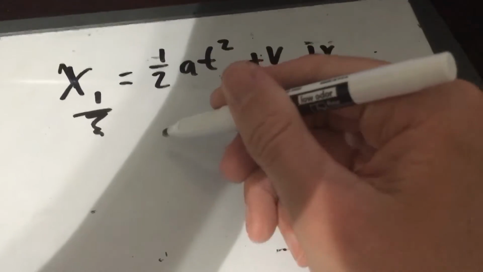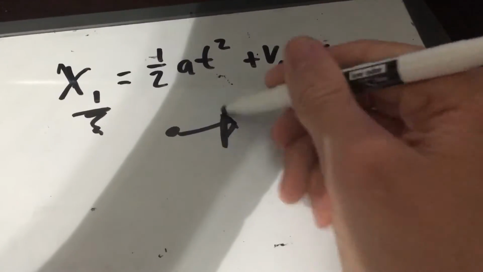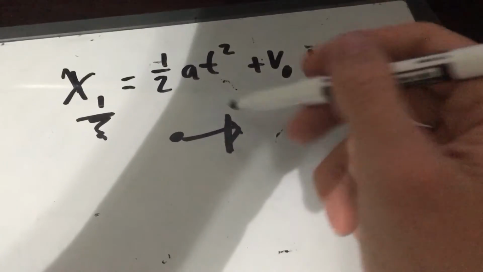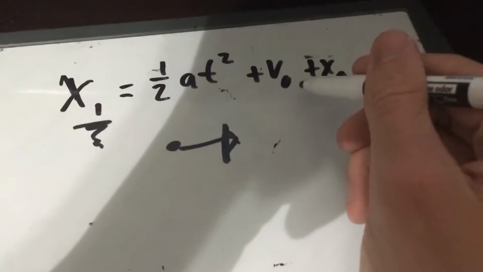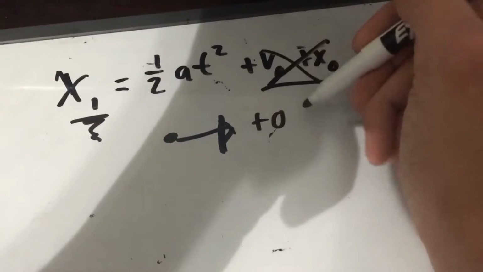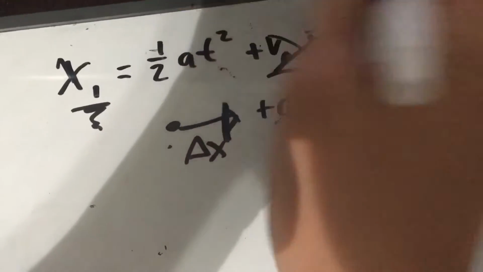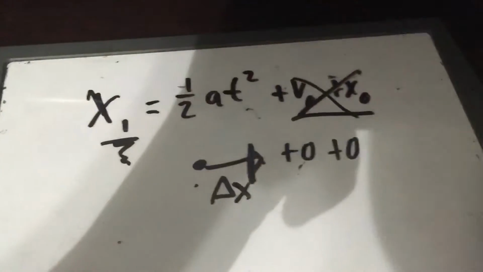Because if it's telling you you have an object that's at rest and it goes a distance and you're trying to figure out how far it goes or what's its acceleration over a certain time period, this stuff normally goes away, because if you're just adding 0 and 0 because it's at rest, you can figure out delta x and then put that back into context.